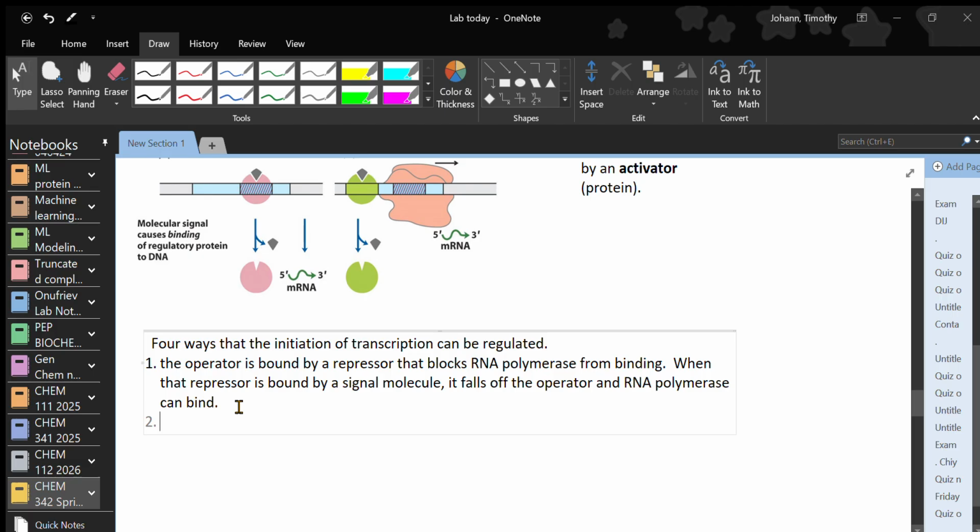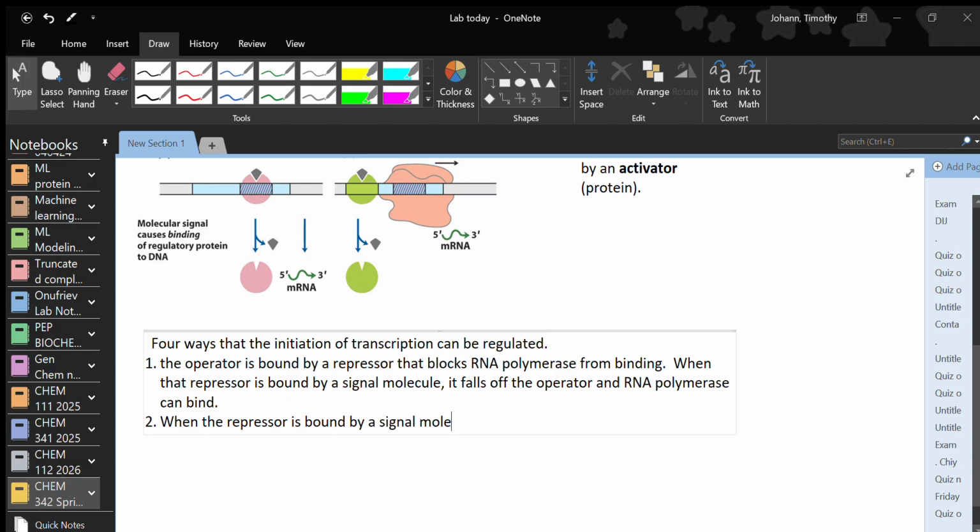So 2 would be when the repressor is bound by a signal molecule, it binds to the operator and prevents RNA polymerase from binding. When that signal molecule is removed, the repressor will change shape and fall off the operator.